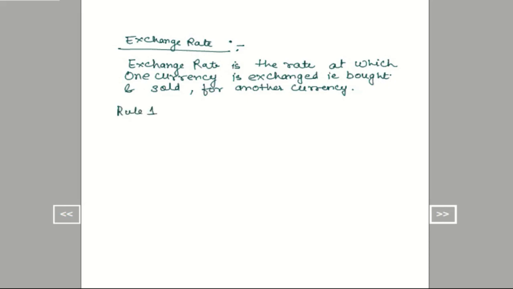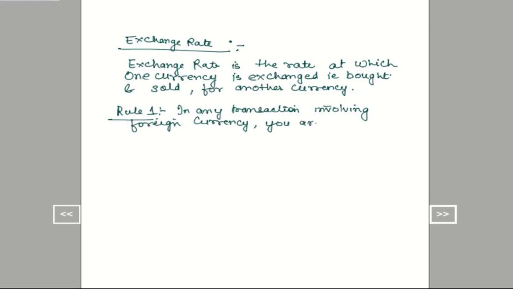Rule 1: in any transaction involving foreign currency, you are selling one currency and buying another.